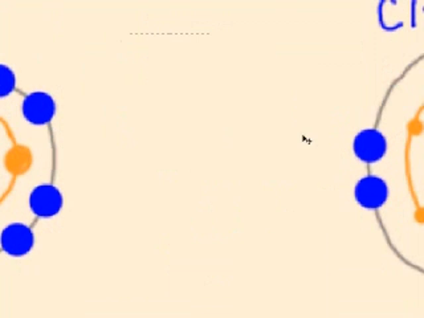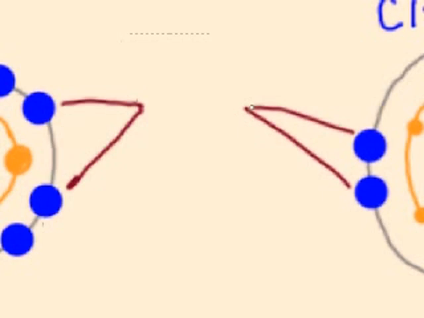We're only talking about these blue electrons on the outer energy level. These are called valence electrons.